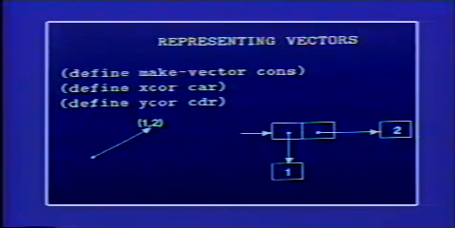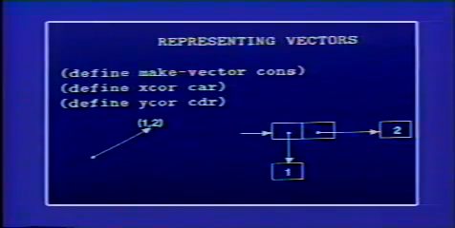notice here I wrote this in a slightly different way. The procedures we've seen before, I said something like, say, make-vector of x and y, cons of x and y, and here I just wrote make-vector cons. And that means something slightly different. Previously we'd say, define make-vector to be a procedure that takes two arguments x and y and does cons of x and y.